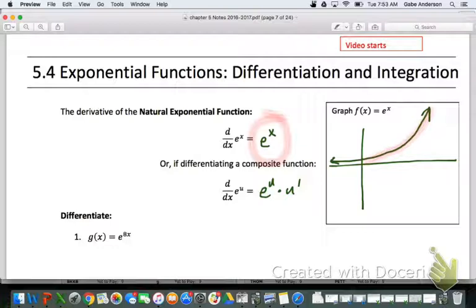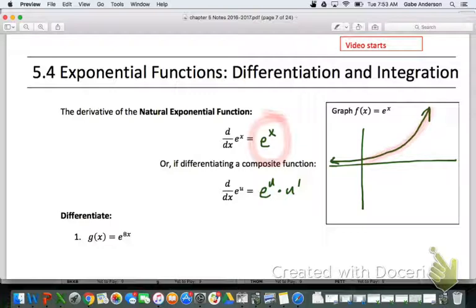When we get into class, I'll do a little proof of this for you. For now, if you don't mind just accepting that d/dx of e to the x is e to the x, we'll be able to move forward. Let's take a look at a few examples.